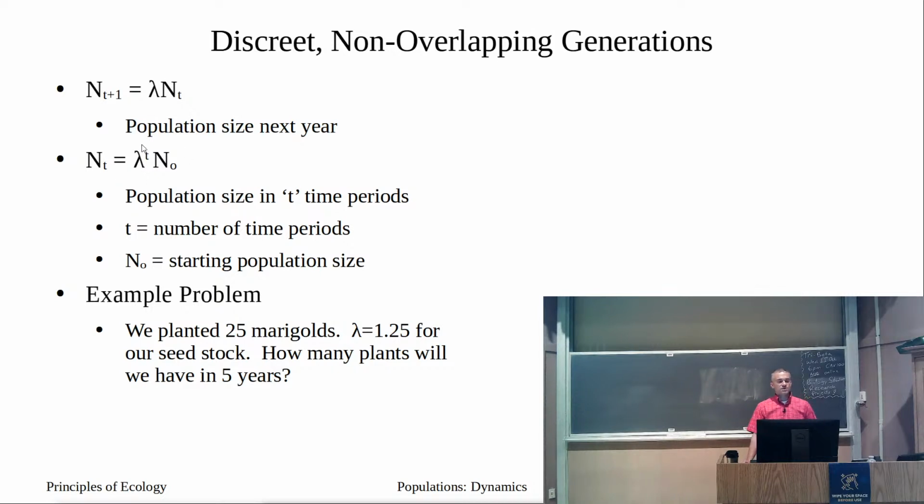This equation is going to give us our population size after t time periods. We have our starting population size, n sub 0, and we know lambda, the finite rate of growth. And then we ask, in 5 generations, what is our population size? That's what we're looking at here.